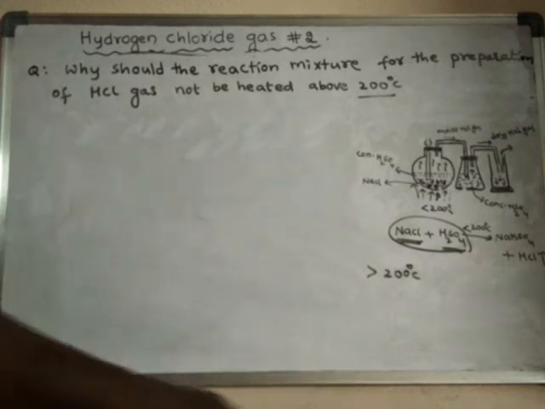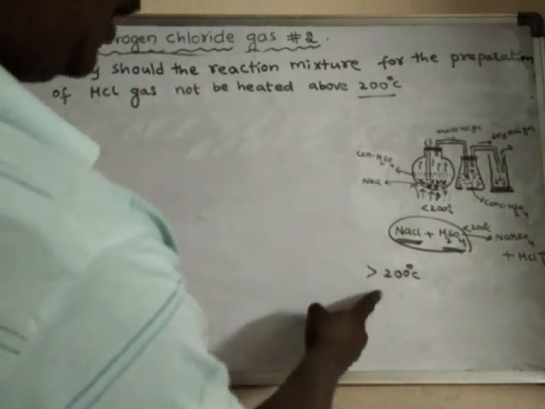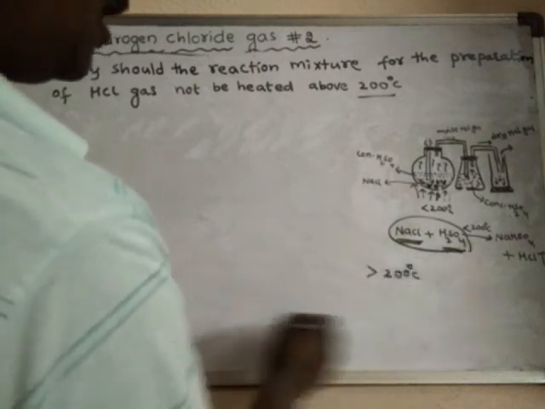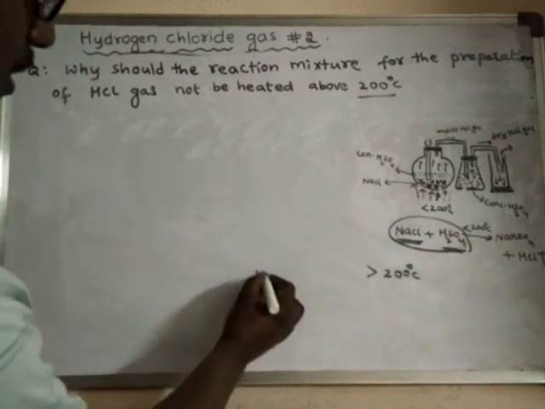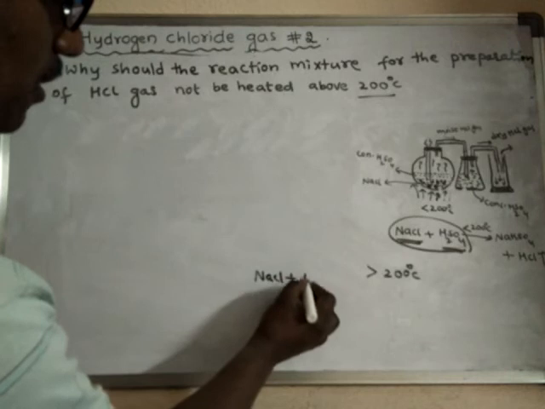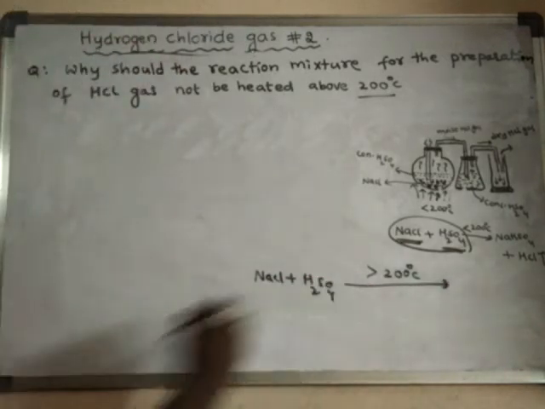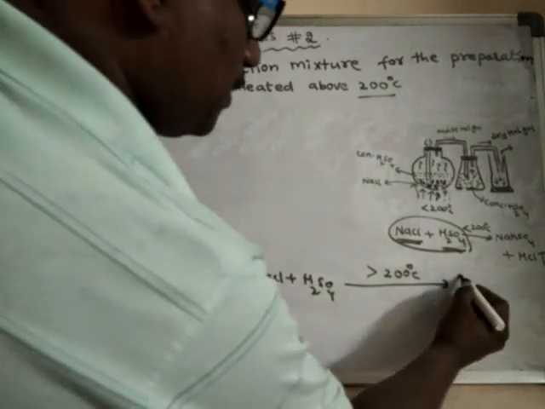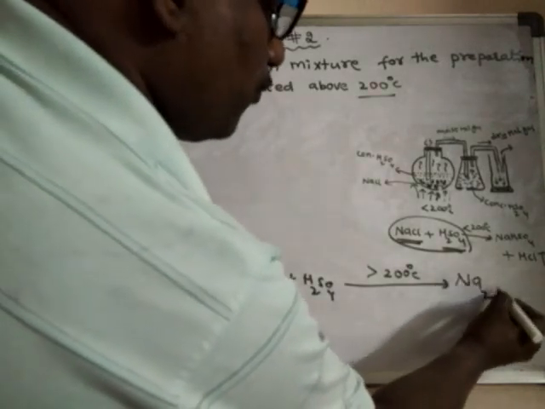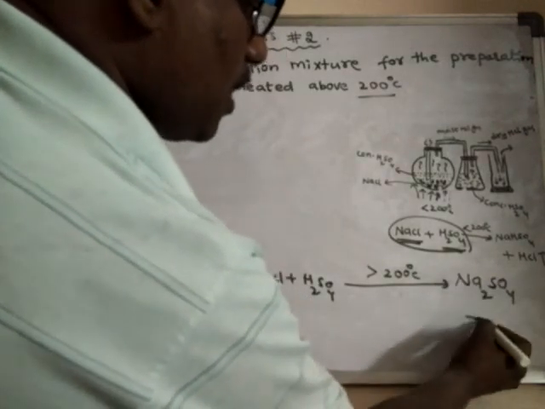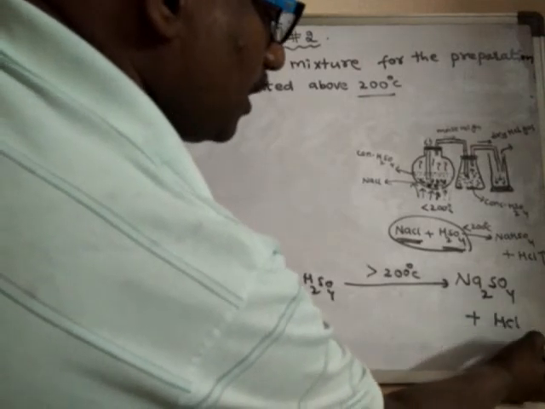And one more thing: if the NaCl mixture and concentrated sulfuric acid are heated above 200 degrees centigrade, what happens? It forms sodium sulfate along with the HCl gas.